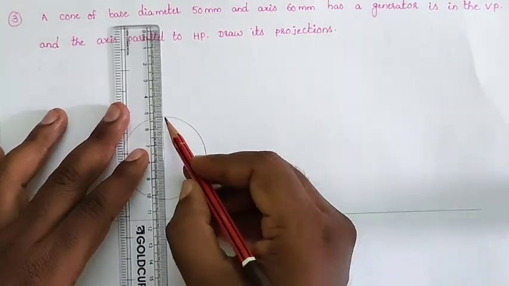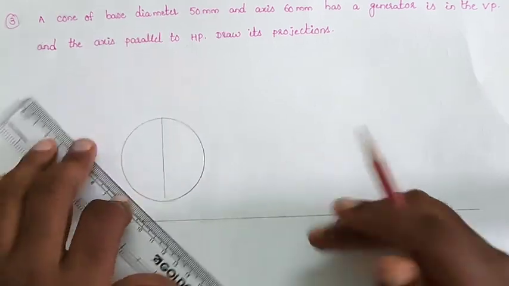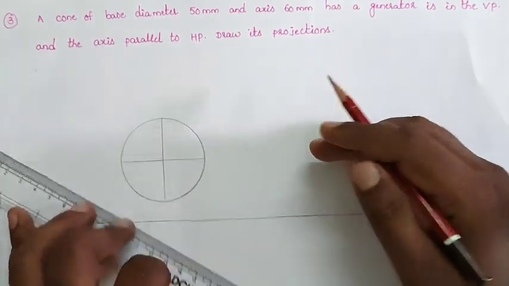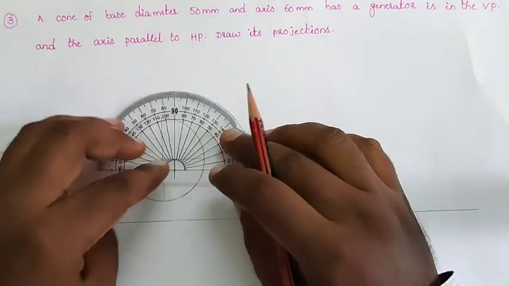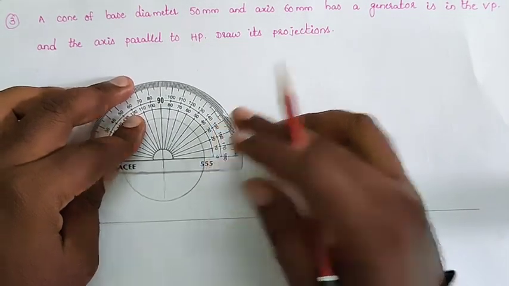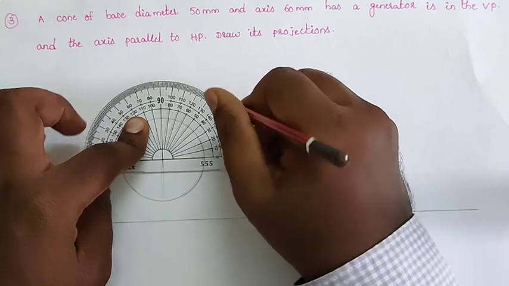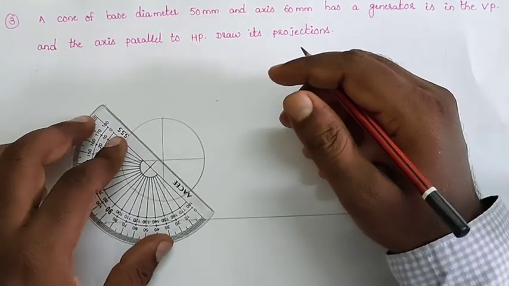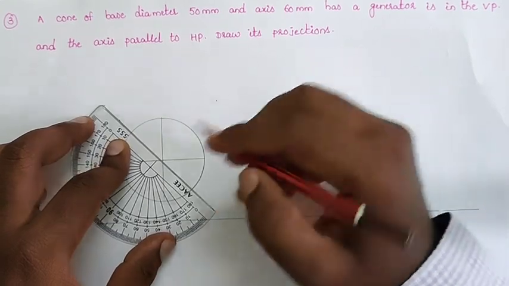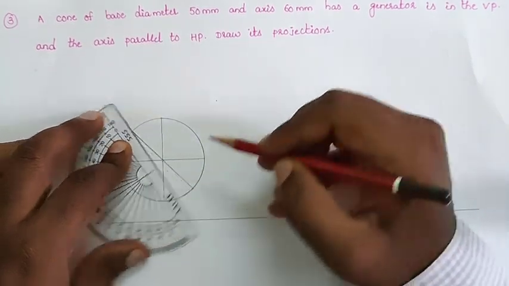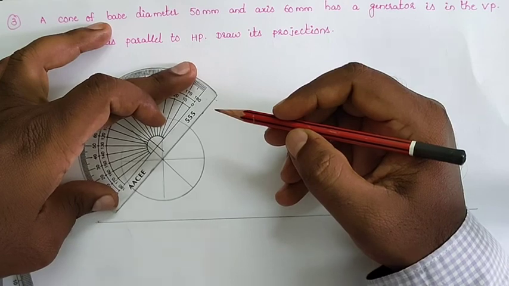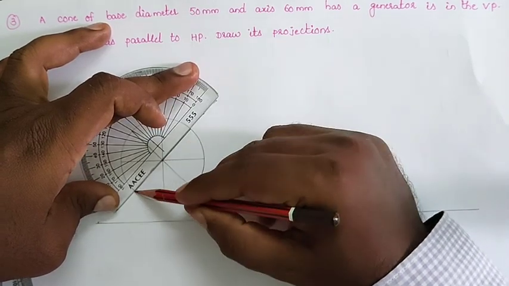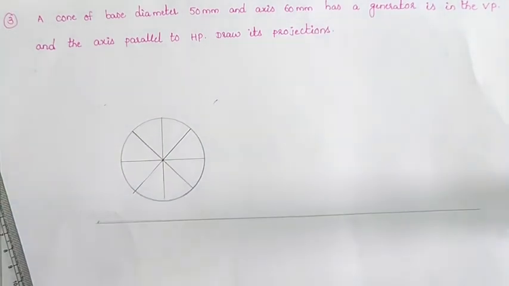After drawing the circle, we will divide the circle into 8 parts. By making each angle 45 degrees, we will divide this circle into 8 parts. So this is our front view of our diagram.